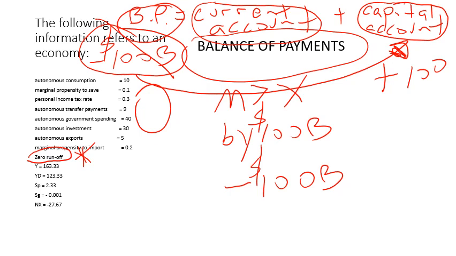All right? So this is how this model is assumed to work. The balance of payments must equal zero at all times because of this zero runoff assumption. And we need the zero runoff assumption because we don't have interest rates, not just yet, and we don't have the exchange rates. All right? Now, next slide.